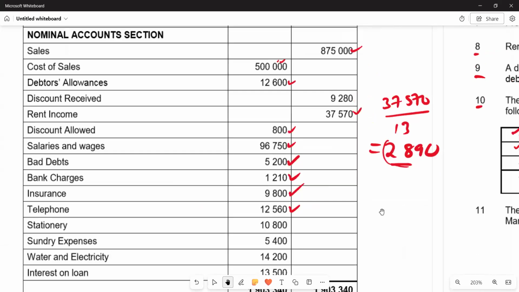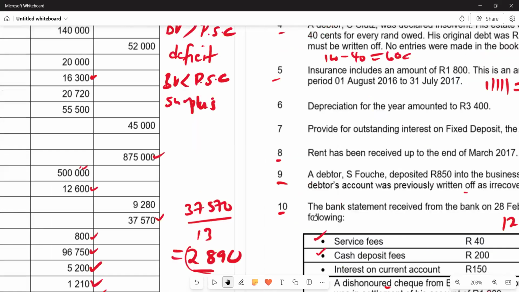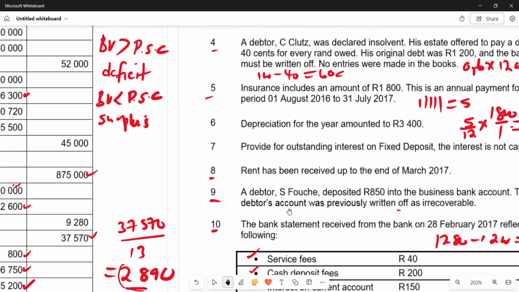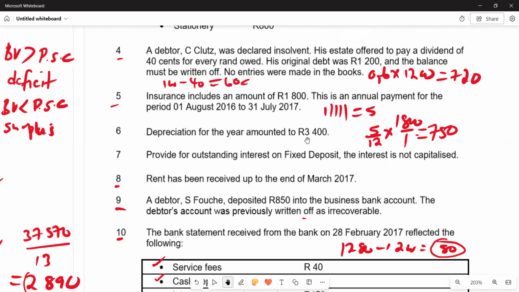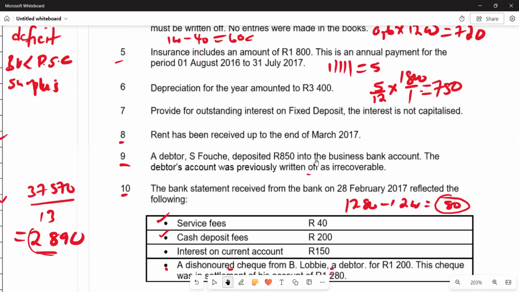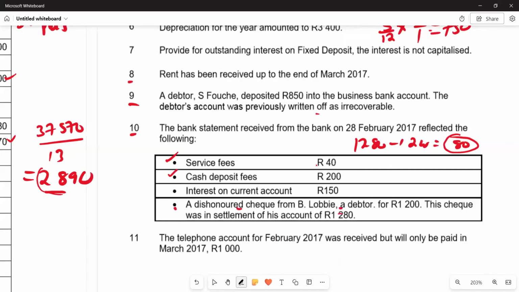12,560. We go to additional information to find anything to do with telephone. We check item by item and try to identify if you have got any adjustment that is explaining about telephone. Remember, we also have something at 11. Let's look at 11. The telephone account for February 2017 was received, but will only be paid in March 2017, which is 1,000. So the account was received, but we did not pay anything.